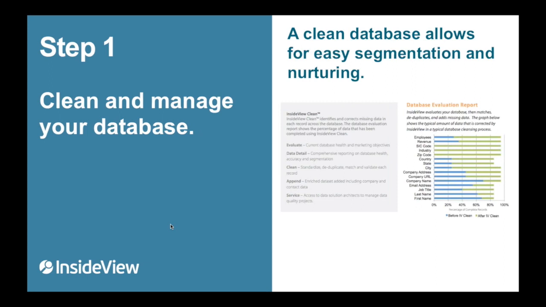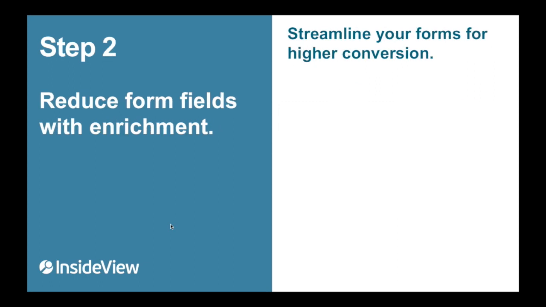Things like creating segments and informing marketing personas are really basic things that you should be doing, and it's all based on the quality of data that you may or may not have in your database. So having the system in place is going to be very important to moving forward and being able to sell and market into your existing customer and prospect database.